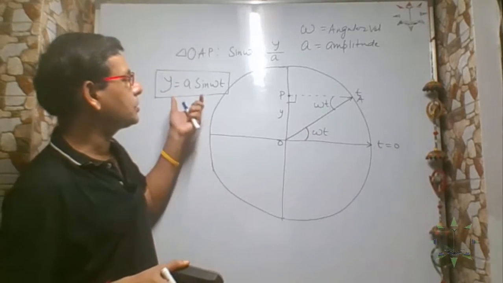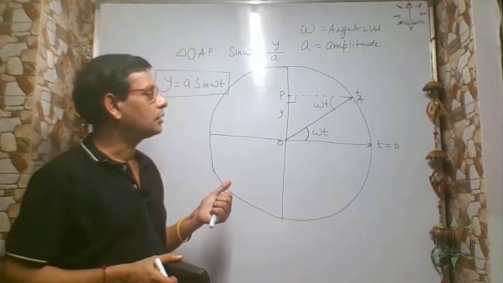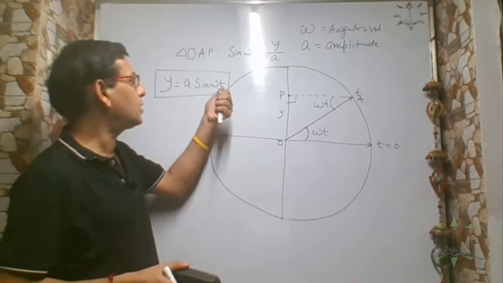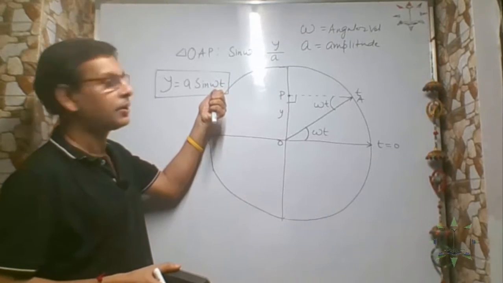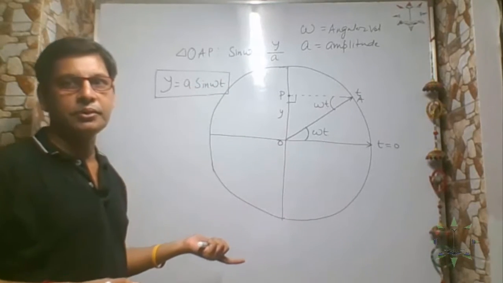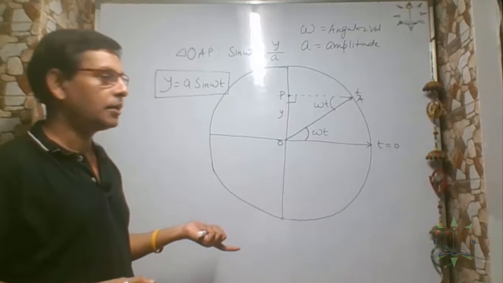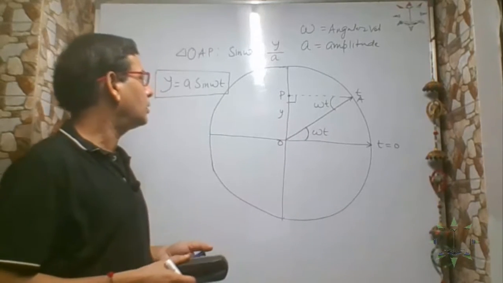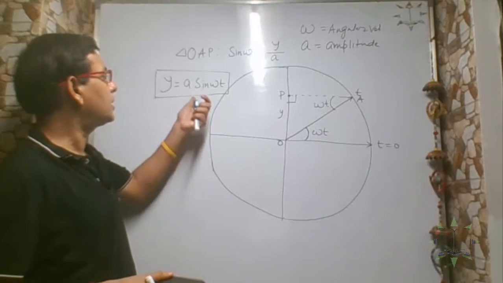So this equation actually gives us the position of the particle at any instant of time t. t is the only variable here. Okay. A is the maximum displacement, that is the amplitude, which is constant for simple harmonic motion. If it is a free motion, there is no damping, there is no external force, then A remains the same.